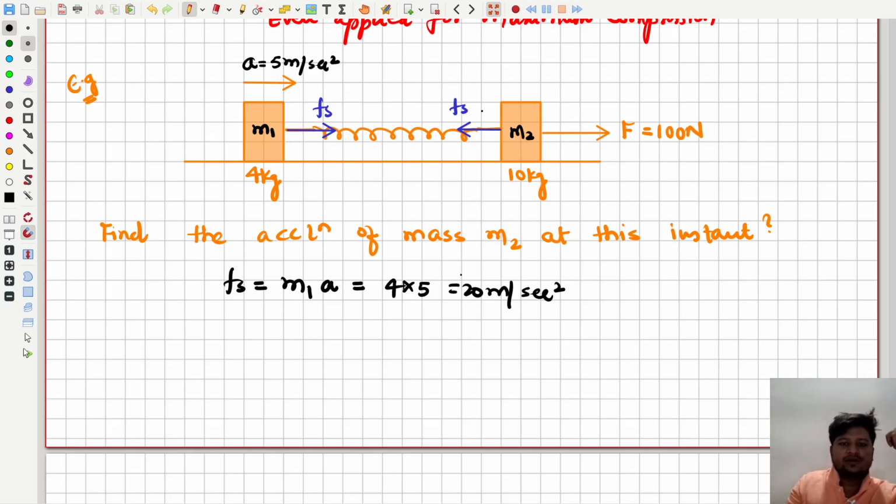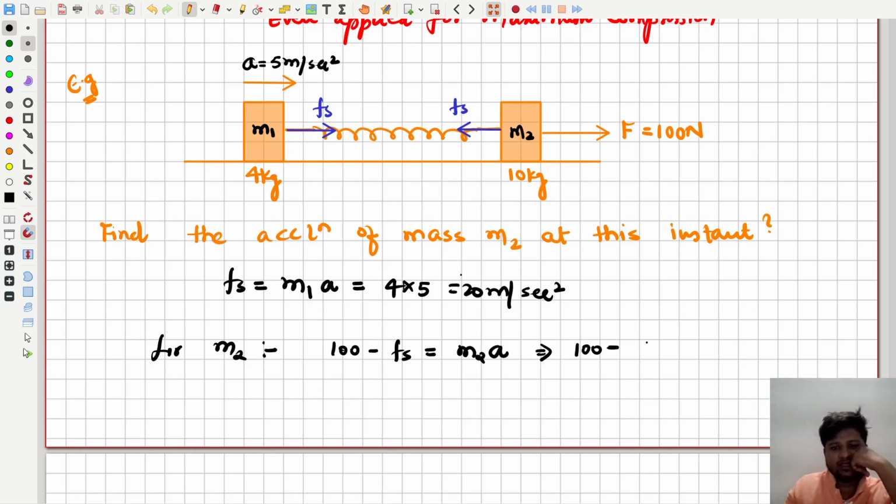Now this spring force, if I write it for m2 mass, then what will that be? 100 minus Fs is equal to mass m2 into acceleration, and Fs is how much? 20 Newton. So it is 100 minus 20, and m2 is 10 kg, so 10 into acceleration. Let's call it a2.